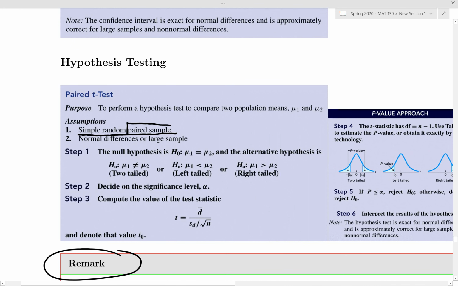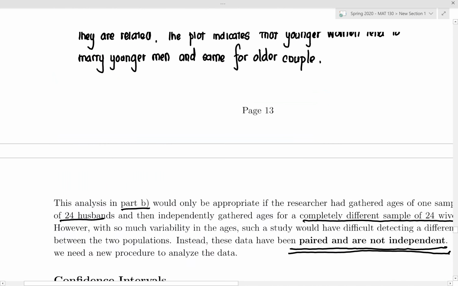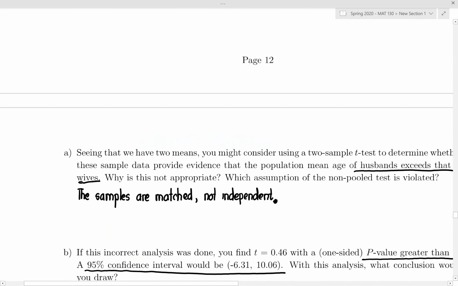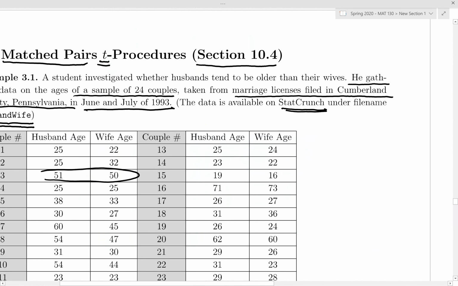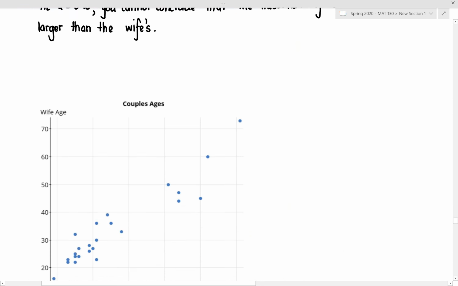Well, we have the paired sample part, but do we know if this sample is a simple random sample? There's nothing to say that. If you look at the question itself, it says he just went to the county and picked up the marriage licenses. This is not really a simple random sample.